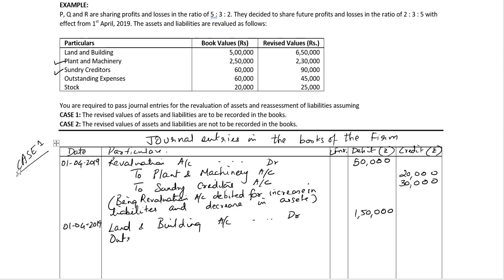There's a decrease in outstanding expenses. The amount of the decrease is 15,000 rupees. And there's an increase in the value of stock by 5,000 rupees.